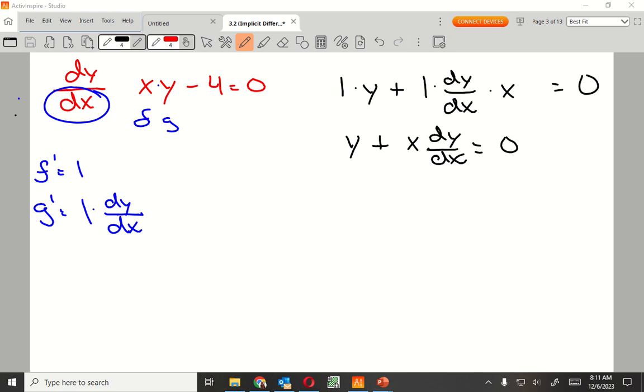Okay, so I want to try and get the dy/dx by itself. I want to get the dy/dx by itself. So that means that this is going to be subtract y to both sides. So I get x dy/dx is equal to negative y.